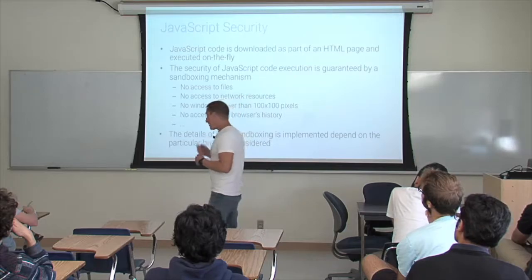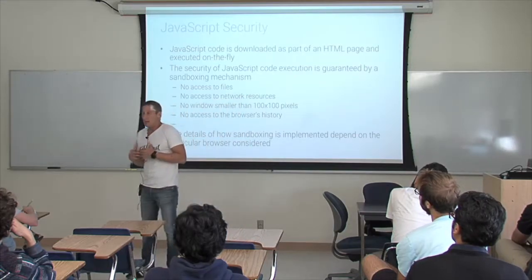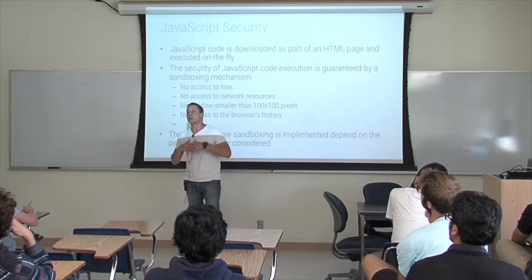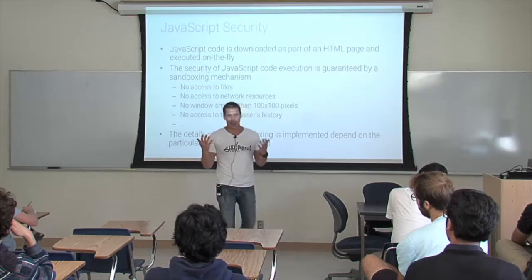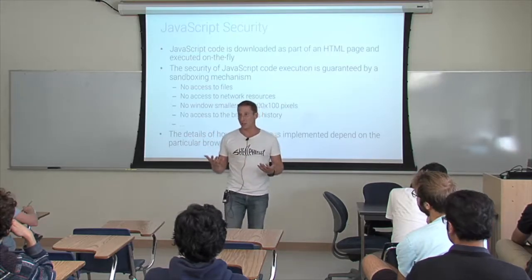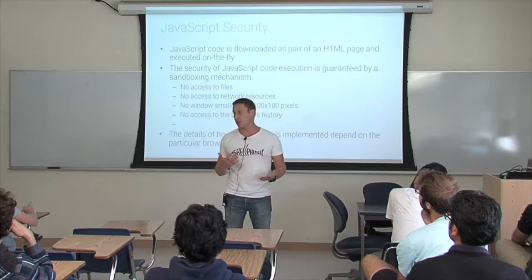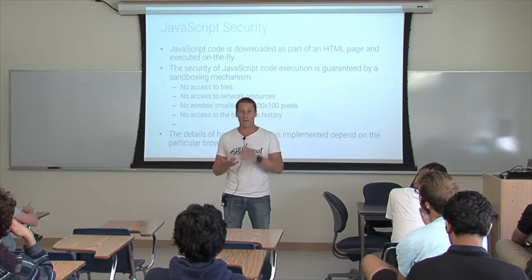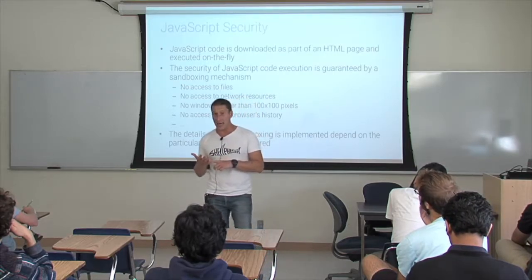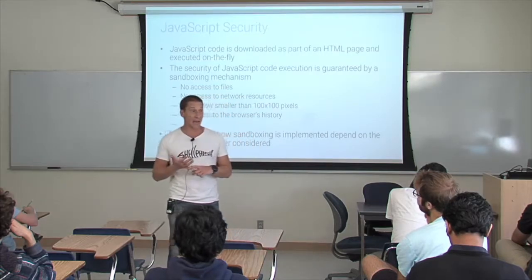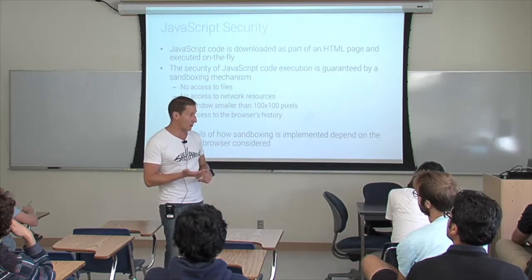And this is just an example. They came up with incredibly sophisticated ways to find out what your history is. Because if they can find out your history, there are many things they can do. They can identify websites that are good candidates for cross-site request forgery.